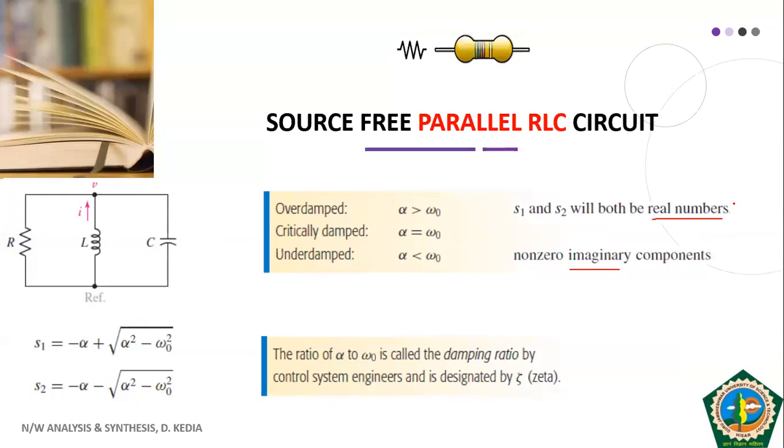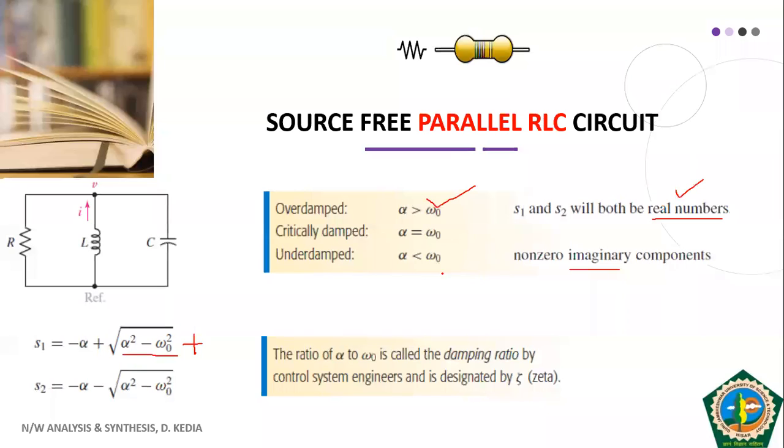The two roots are real and different when the term under the root is positive, that is, when alpha is greater than omega naught. In that case we have two real roots.